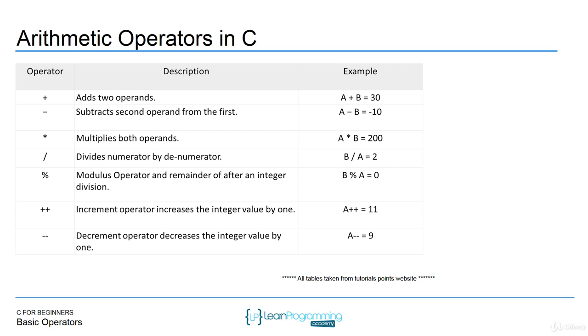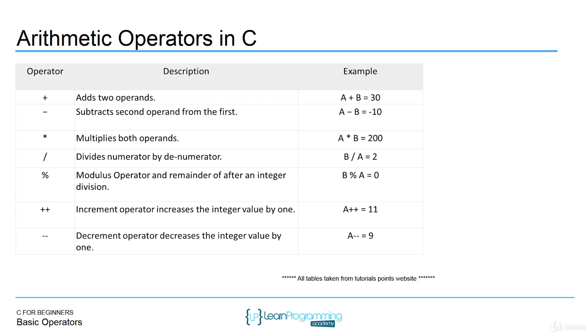The plus symbol is going to add two operands. It's infix, in between the two operands. You could add variables, a combination of constants and a variable, or just constants. In this one, we're saying a plus b equals 30. But the actual operator and operands are just a plus b. That would be the example.